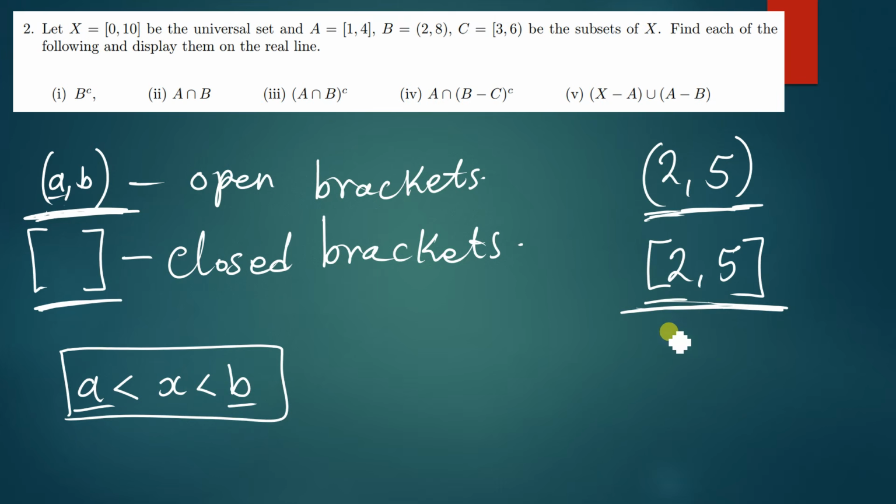A closed bracket shows that the number right next to it is part of the set. So if I write [2, 5), I simply mean that 2 is part of this set, but once I put this kind of bracket on 5, we're talking about numbers from 2 up to the closest number we can ever have to 5. That means numbers between 2 and 5, including 2 itself but excluding 5.